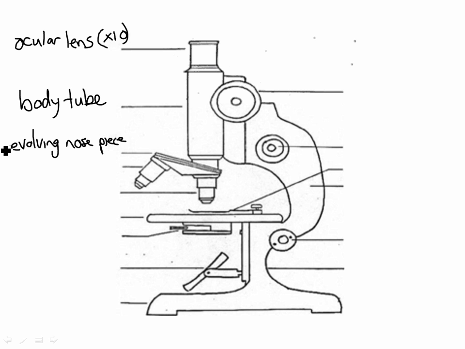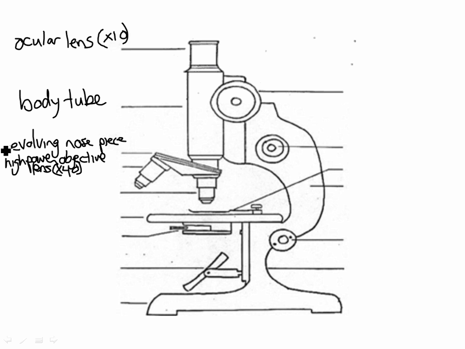And the largest one is the high power objective lens. So this long one would be the high power objective lens, and it tends to be ×40. We'll talk about the magnification more tomorrow when we get into more depth.